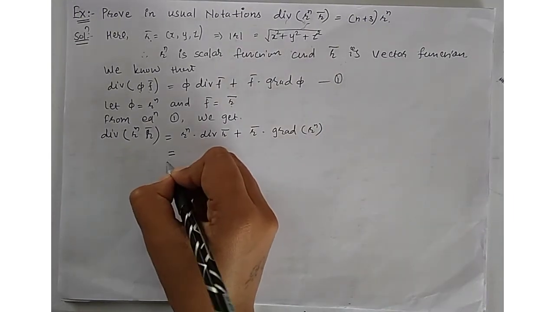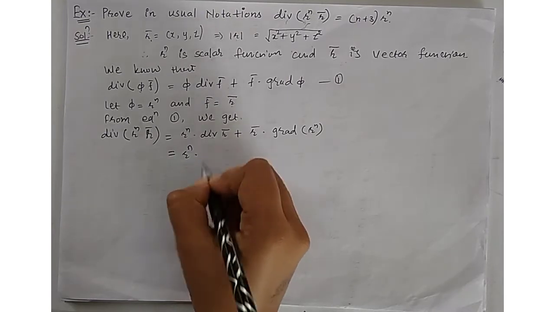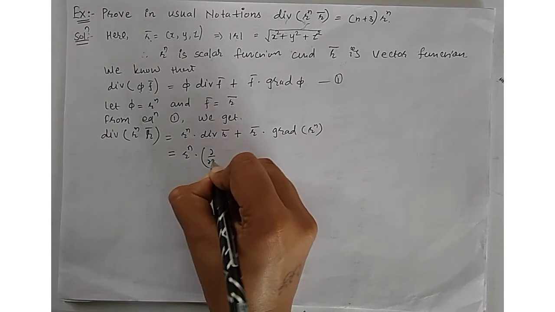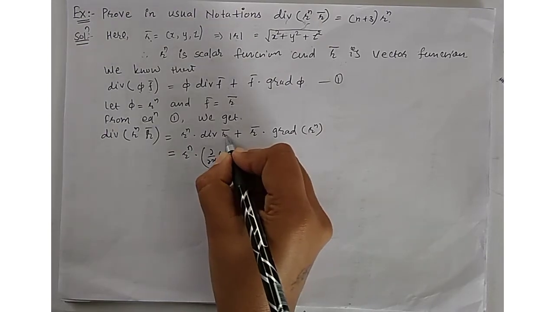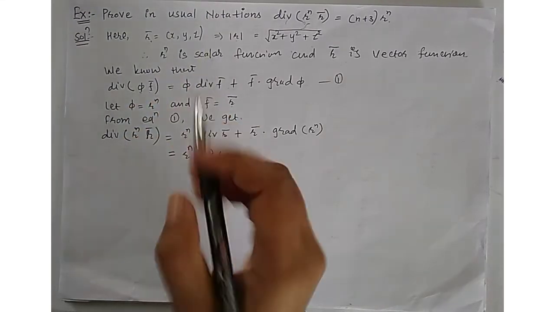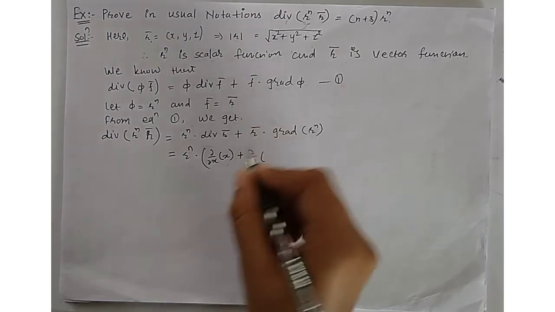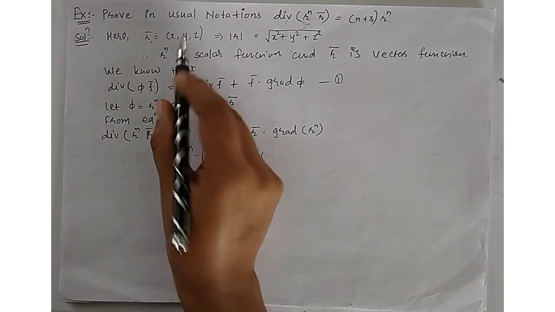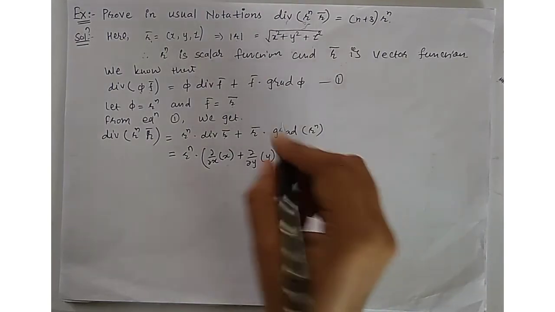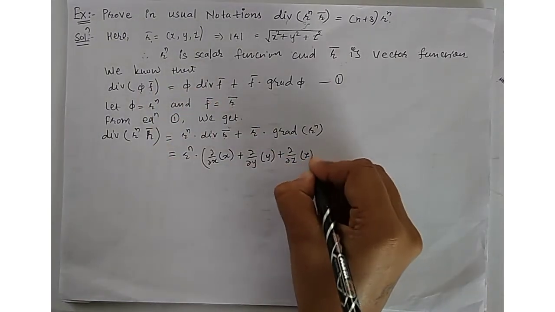So is equal to r to the power n into divergence of r bar. So what is the value of divergence of r bar? That is del by del x of the first component of this function, which is x, plus del by del y of the second component, that is y, and plus del by del z of the third component, which is z.